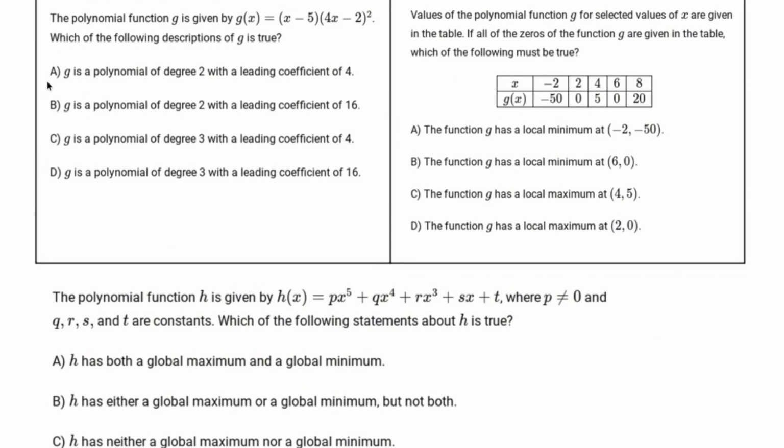Let's do more. The polynomial function g is given by g of x equals (x minus 5)(4x minus 2) squared. Which of the following descriptions of g is true? All right, so you're going to see this a lot in future problems, specifically when it comes to rational functions. But I only care about the polynomial's degree, and I only care about the leading coefficient.